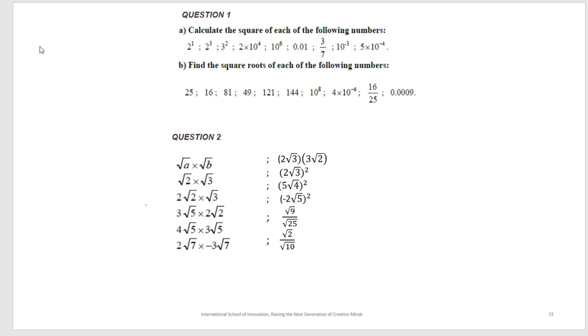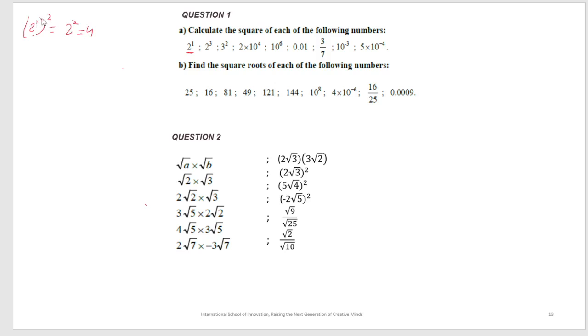First, calculate the square of each of the following numbers. It's just to make squaring of this. For example, 2 power 1 squared, what does it become? It becomes 2 power 2, meaning 4.